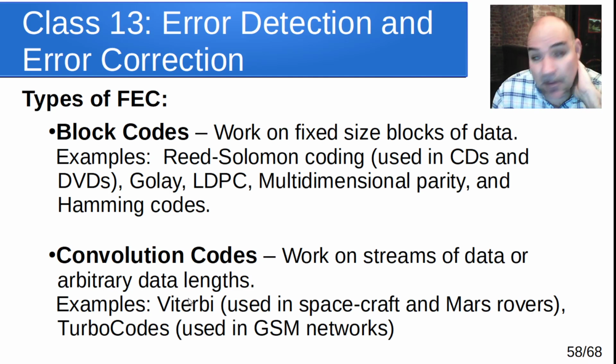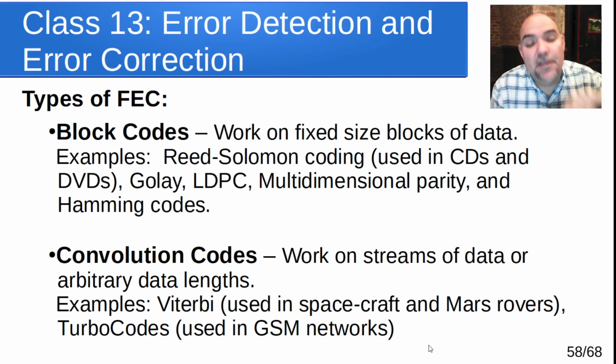There's also a convolutional code, which works on a stream of data or arbitrary data lengths rather than a fixed block size. Some examples of that are Viterbi encoding and what are called turbo codes. Viterbi is used in spacecraft and Mars rovers. Turbo codes are used in the cell network.